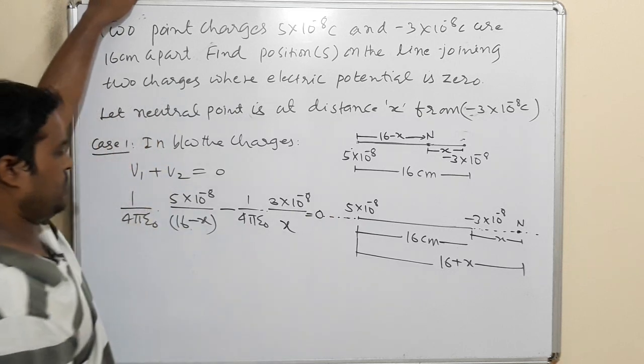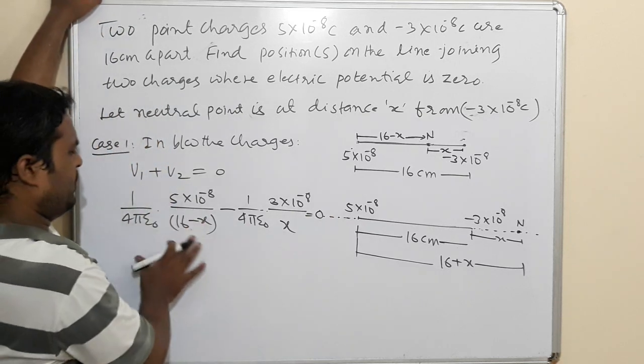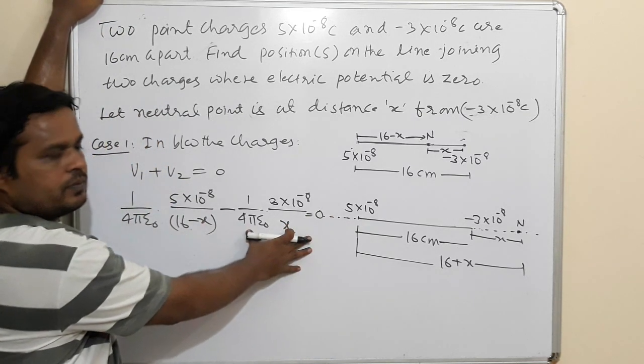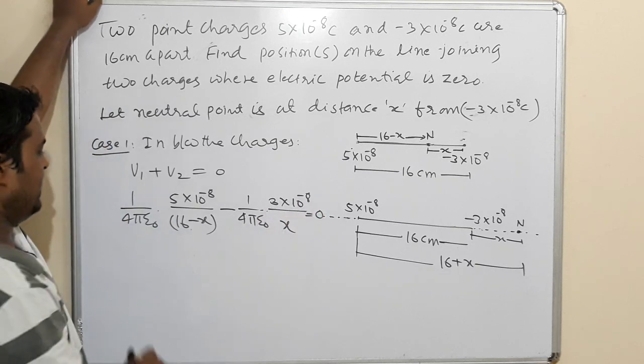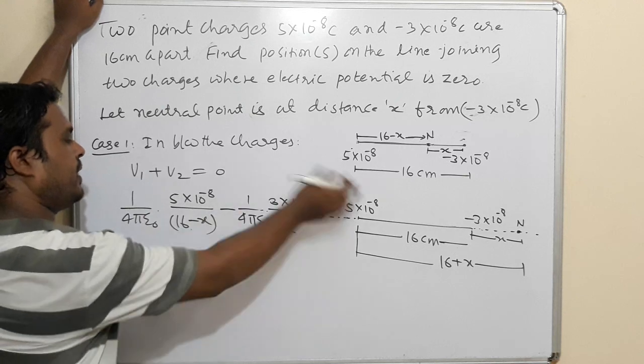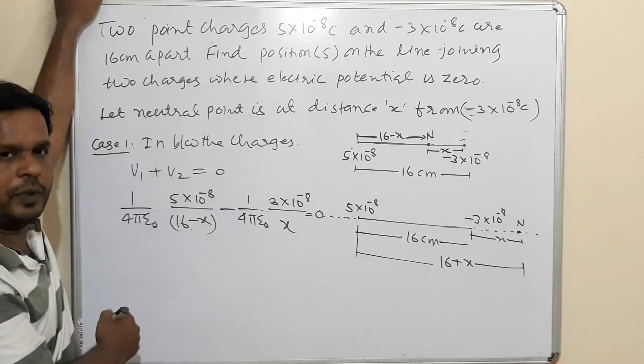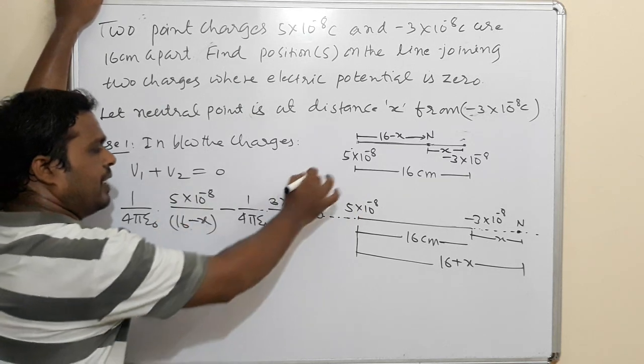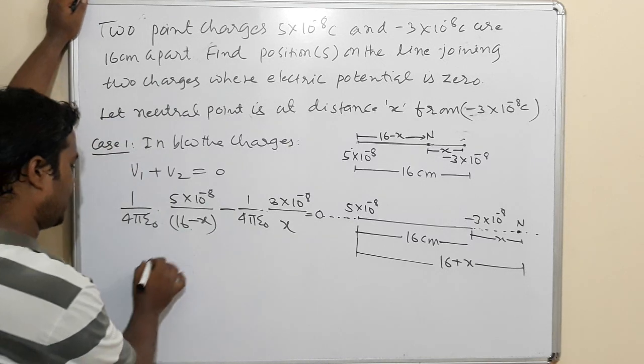This will be equal to 0. Total potential, this is V1, this is V2. Net potential is 0. Then if I put this negative quantity on that side, 1 by 4 pi epsilon naught gets cancelled, and 10 raised to minus 8 also gets cancelled.